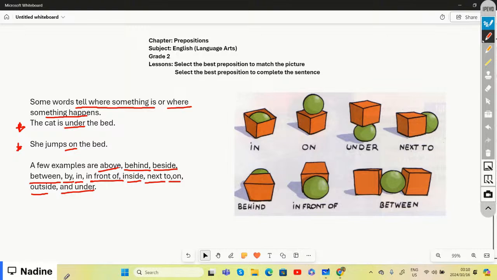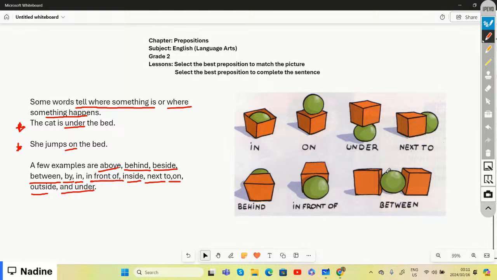All right. And if we look at this picture with this green ball, here are a few examples of where something is. If you look at where the green ball or the green pebble is compared to where the box is, look at the first one, where that green ball is.